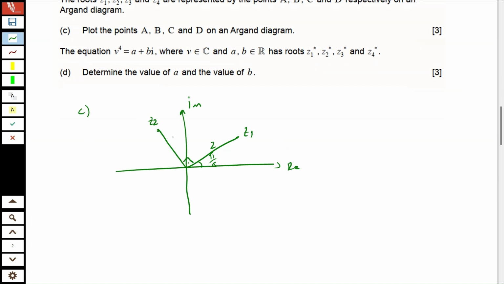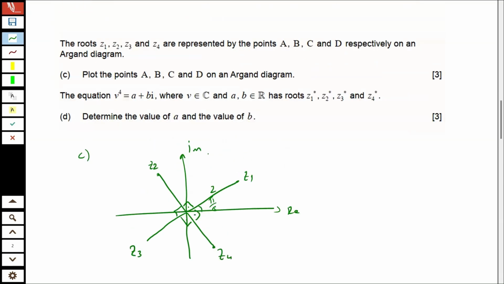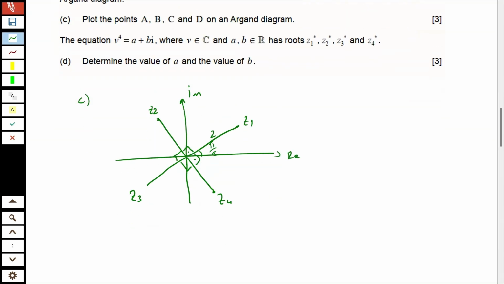There is 90 degrees between Z1 and Z2, and Z3 is going to be here, again 90 degrees between Z2 and Z3, and Z4 is going to be here, and 90 degrees between each other. Yeah, like this.